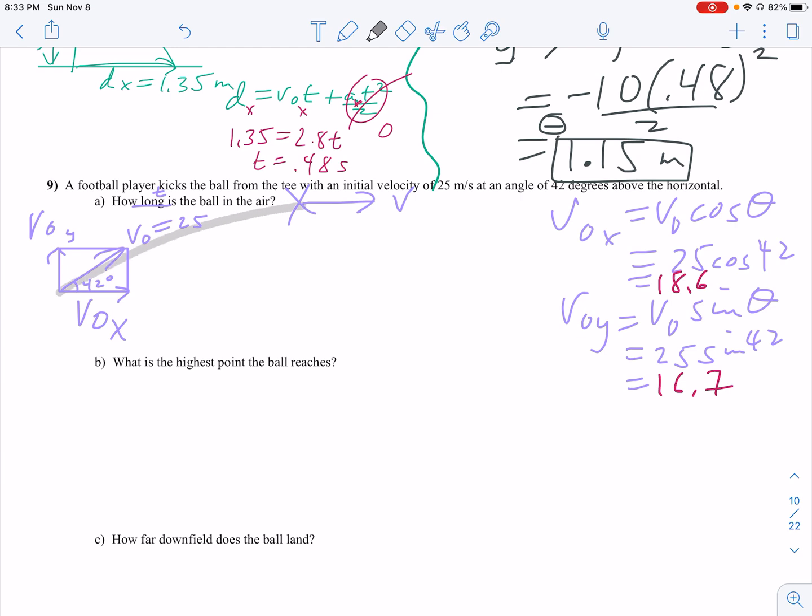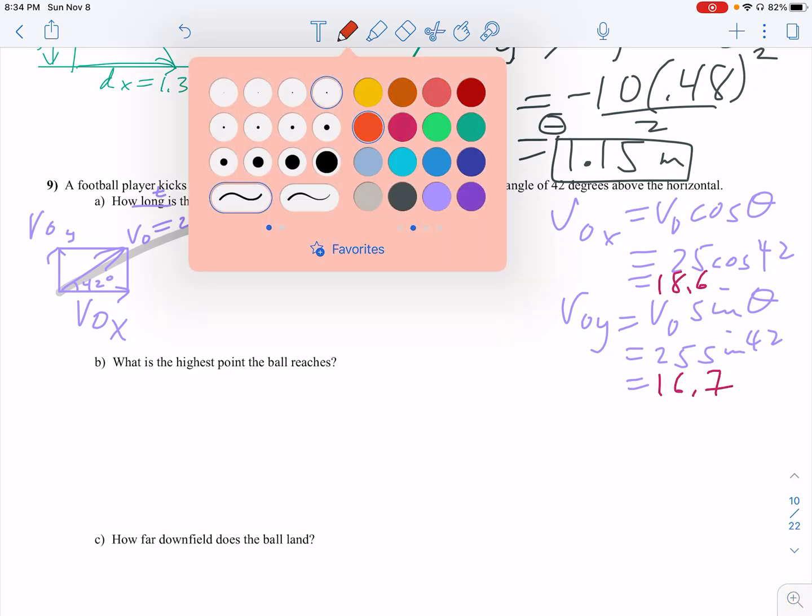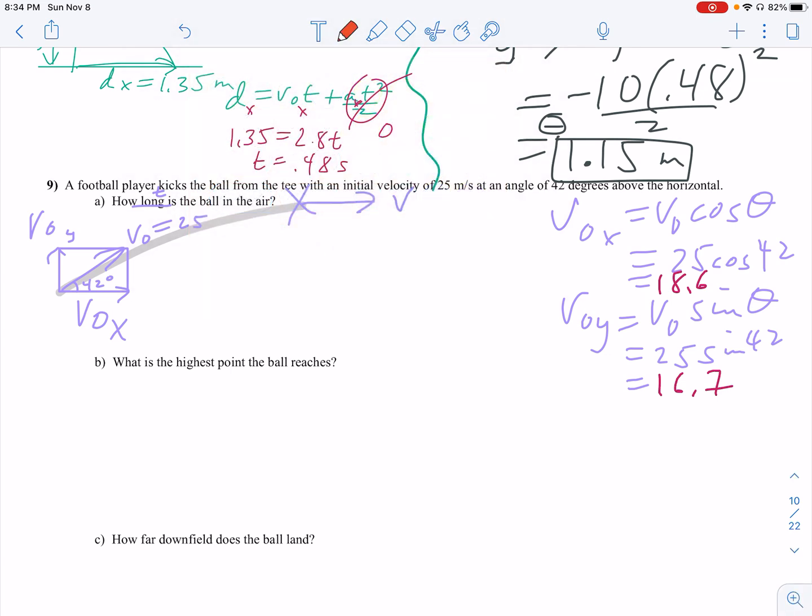Okay, so we have to find the time it takes to get to the top. So let's use our y values. And we got, you know, the VFY at the top is equal to 0, right?